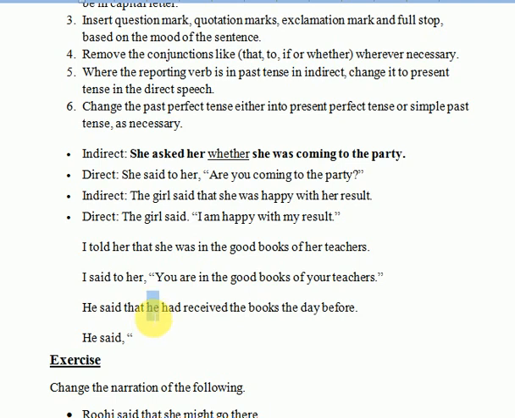He is going according to the subject, therefore I am going to write it into the first person, I. Now for had received, we have two options. This is the past perfect that would change into the present perfect or into the past indefinite. So I have to make the decision appropriately, and for that I'm going to look for the clues. The clue given here, the day before, means that this is the past indefinite.